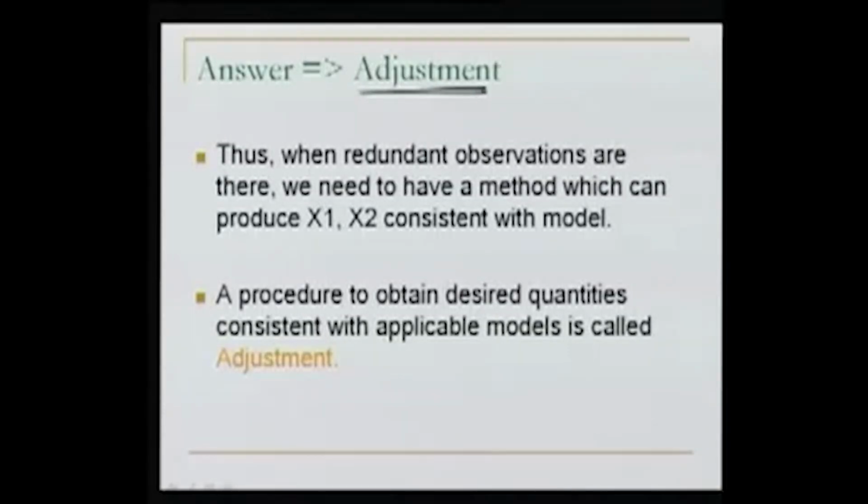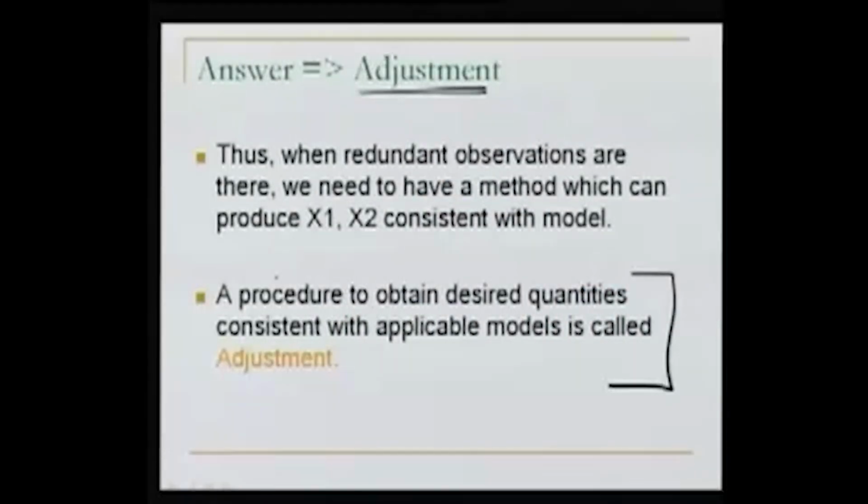We want redundancy in the observations because it helps us look for the errors. Number one, in case of redundant observations, we need a way to find a solution which is consistent with the functional model that the observations should satisfy. That we can do through the process of adjustment.